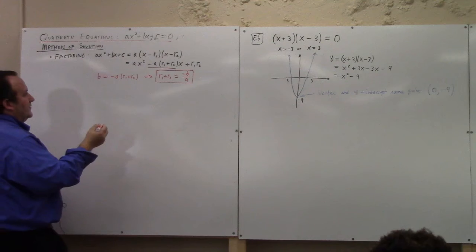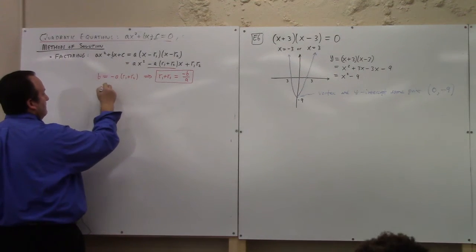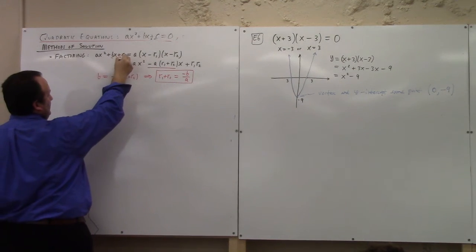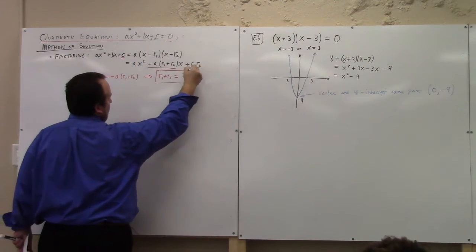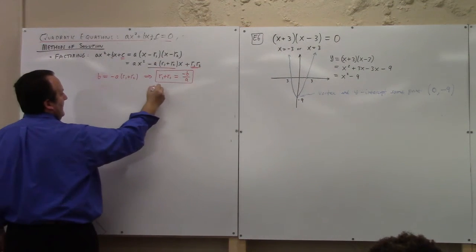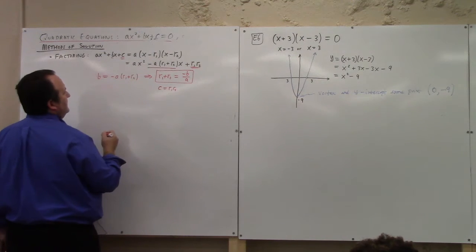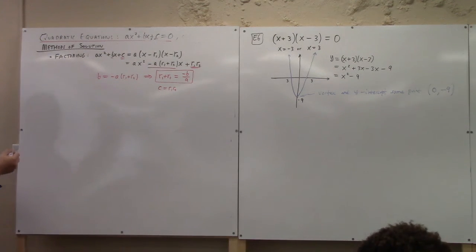And how about r1 times r2? What's that equal to? Well, we got c is this over here, right? So c is equal to r1 times r2, the constant term. And oh, I've forgotten something. You guys tell me where I'm wrong. My bad.